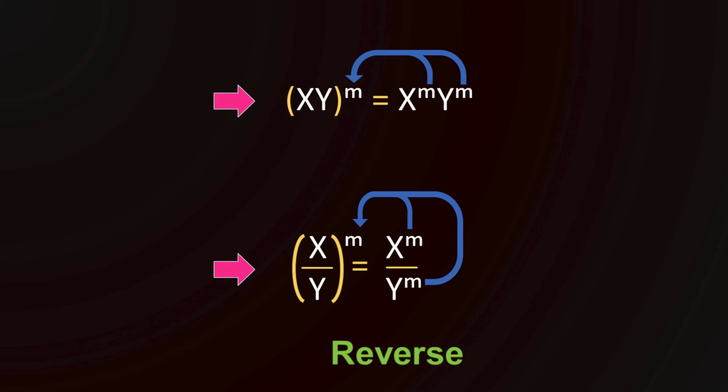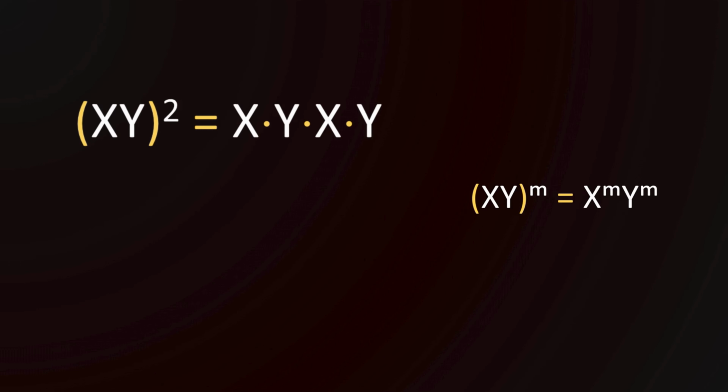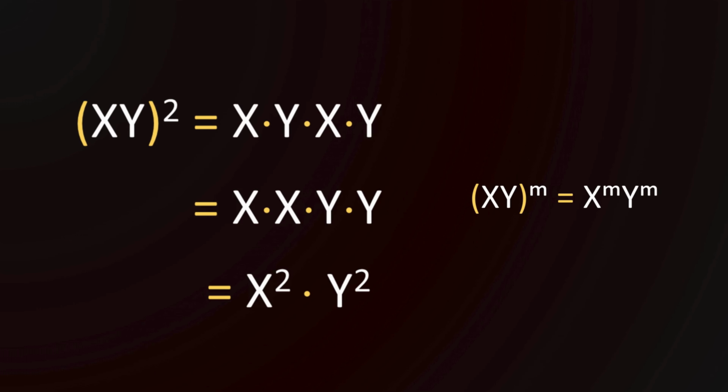Here are 2 expressions that will help you see why you can distribute or undistribute exponents like our laws show. In the first expression, we have the quantity x times y squared. That's the same as x times y times x times y. As per commutative property, we can rearrange these factors as x times x times y times y. This can be simplified into x squared times y squared.